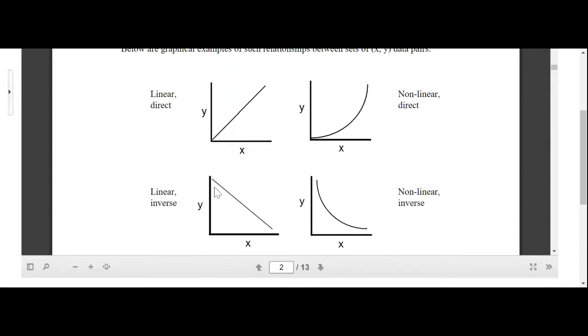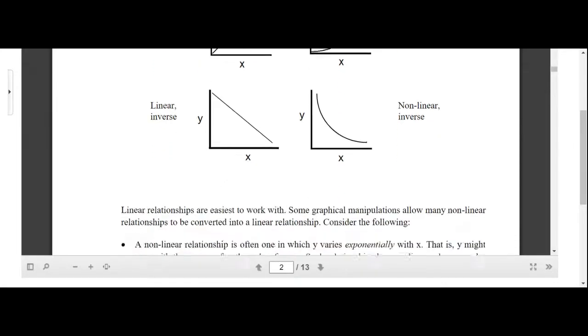A linear inverse relationship would be for volume and pressure: if one increases, the other one decreases. So we have linear but inverse. The shape of the graph you have here shows the relationship between pressure and volume.